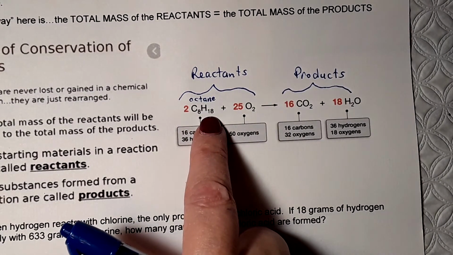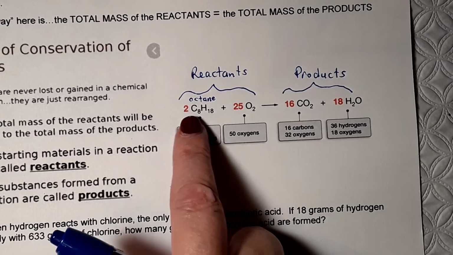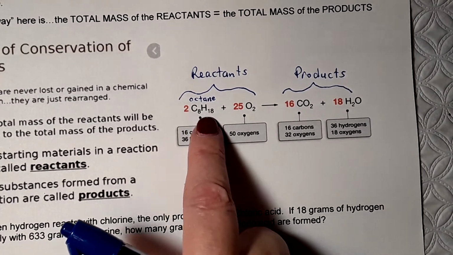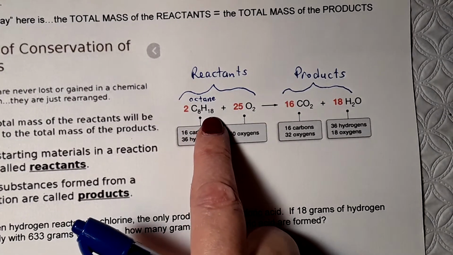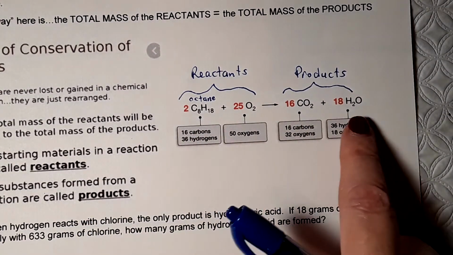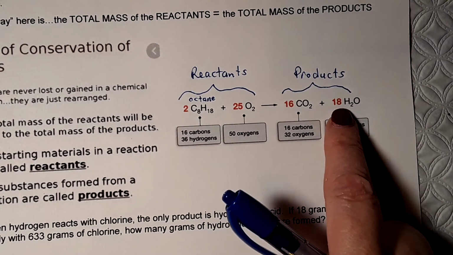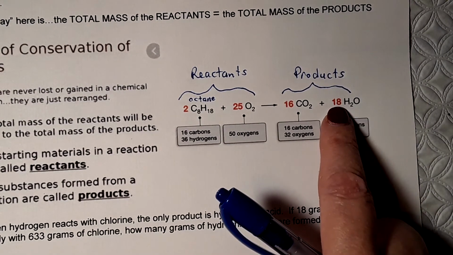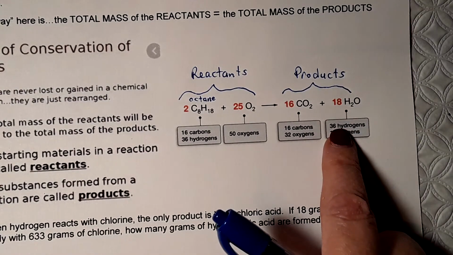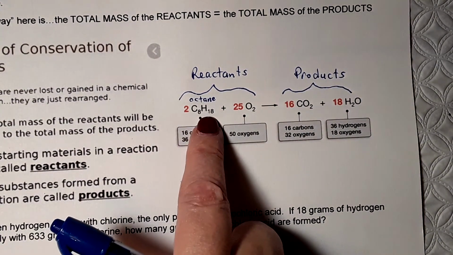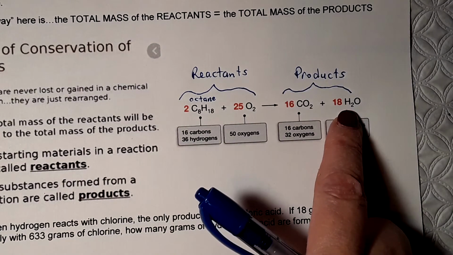Right here, 1 single molecule of octane has 18 hydrogen, but we have 2 molecules. So 2 times 18 is 36 hydrogens. We'll look over here. In the water molecule, we have 2 hydrogens, but we have 18 molecules. 2 times 18 is, oh, guess what? 36. So we have 36 hydrogen, 36 hydrogen.